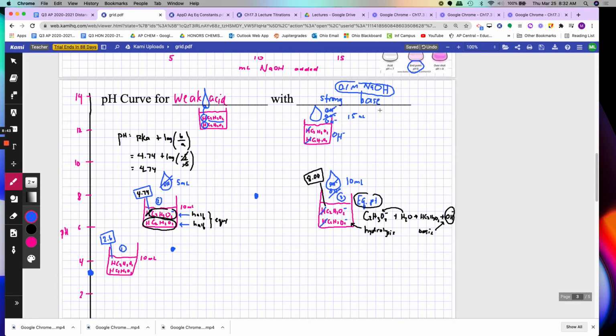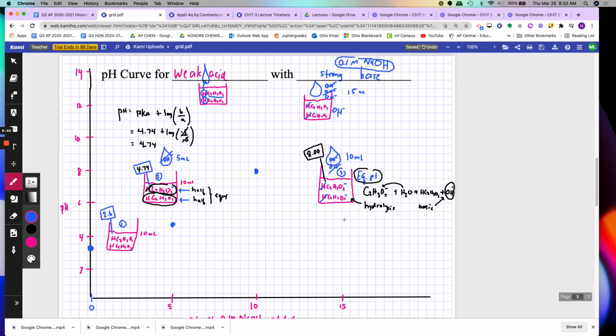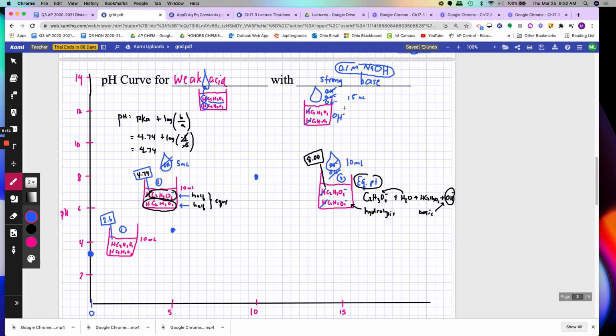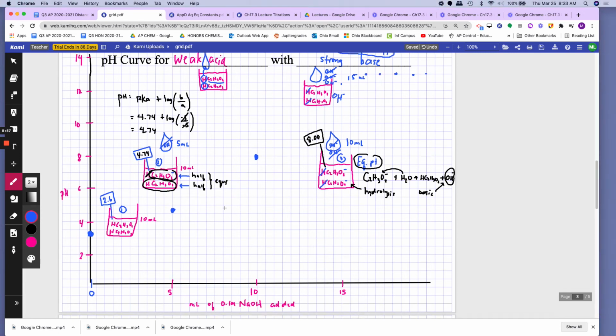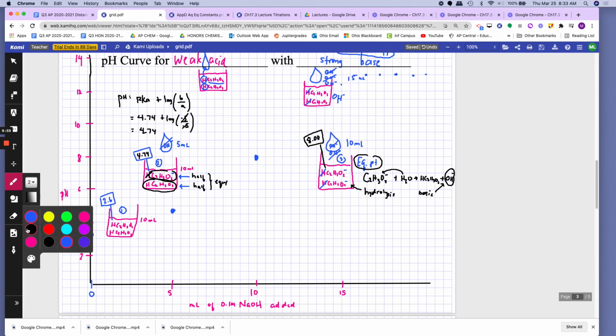So you're going to eventually go up all the way here. This is 12, this is 13, all the way here. 15 mils, it'll start to go up, but eventually you're going to end up at pH 13. So your pH curve looks like this. Maybe I should use a different color here.